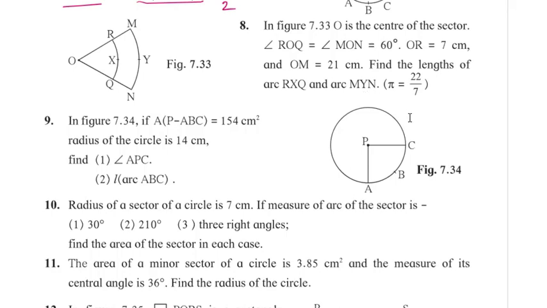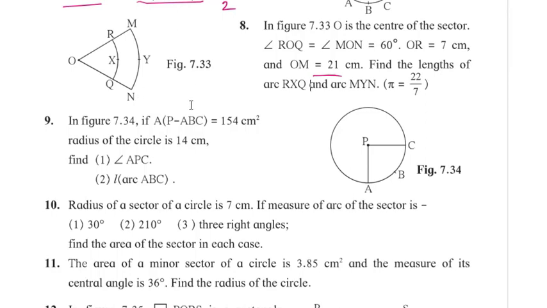So for RXQ we will take radius as 7 centimeter and we use the formula L equal to theta upon 360 into 2 pi r. So I will say that as R1 and this RXQ length I will say as L1, and for length L2, that is MYN, I will use the formula theta upon 360 into 2 pi r2, where the value of r2 I will take OM, which is 21 centimeter. So this is how we can find this length RXQ and MYN.